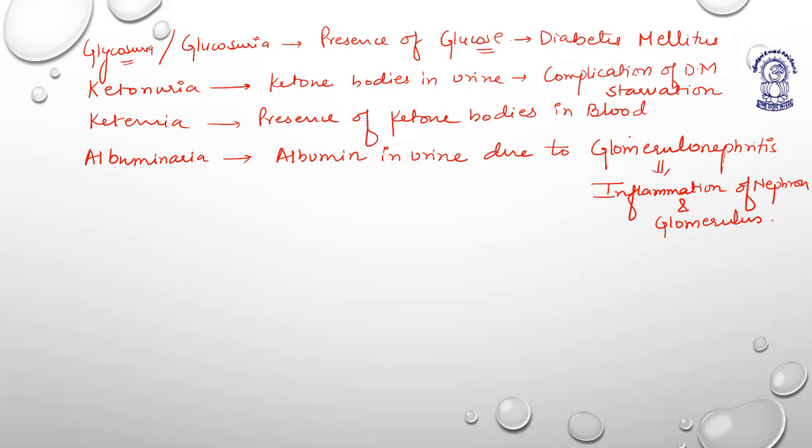Then the other condition is hematuria, presence of RBCs in urine, blood in urine.